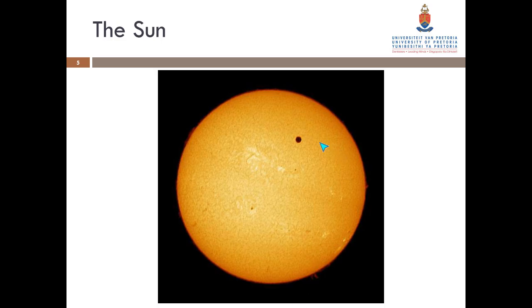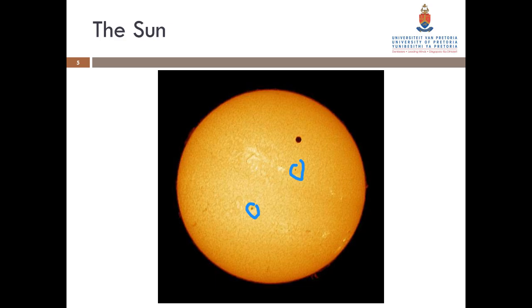So I want to ask you, this is a picture of the sun, but what is that on the sun? Not a sunspot, not Venus. So here we can see 2 small sunspots, one over here, one over there.